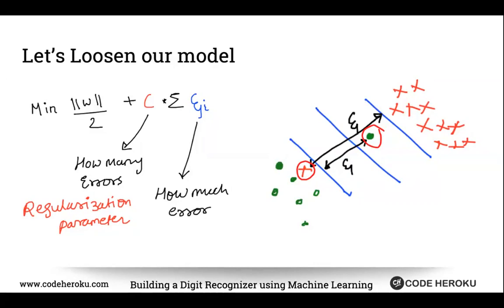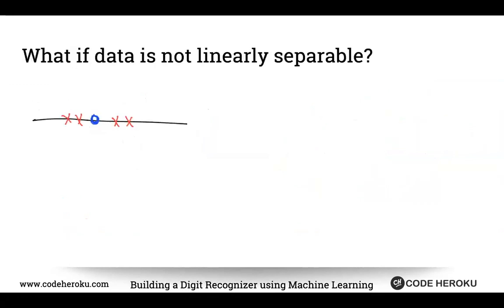Okay, so look closely at this data set over here. Don't try to look at the psi or the slack variable that I'm pointing out. Just look at these points, the red points, the green points. Or let me even try to draw it so that it is a little bit easier. So let me draw all these points: red, red, red, red.